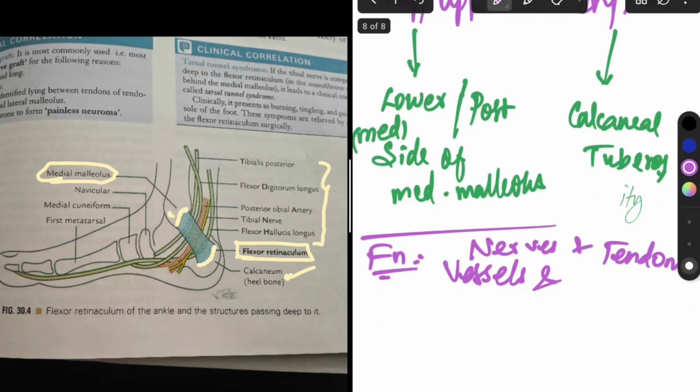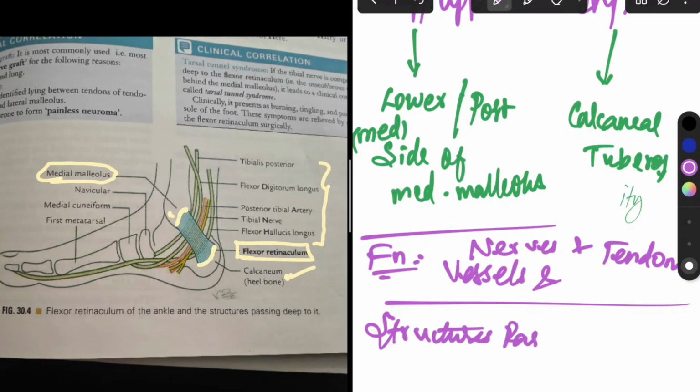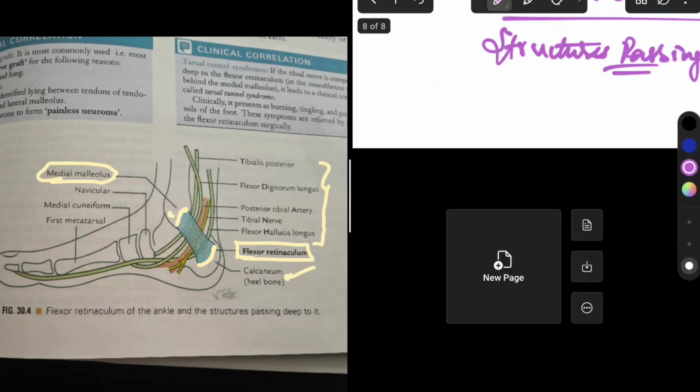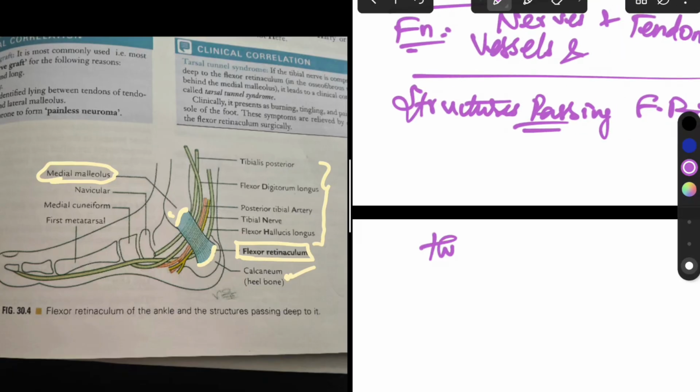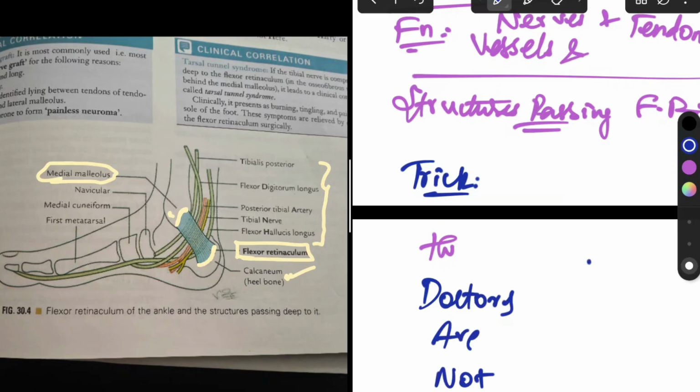Now, what are the structures that pass through the flexor retinaculum? As we saw in the extensor retinaculum with the trick that Himalayas are not dry places, here also there is one small trick to remember. For the flexor retinaculum, the trick is: Tom, Dick, And Nervous Harry, that is, the doctors are not here.